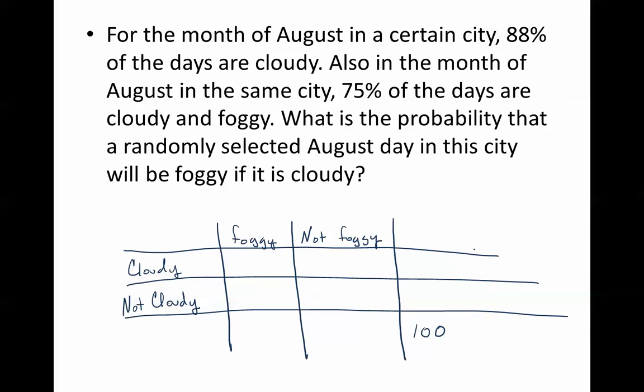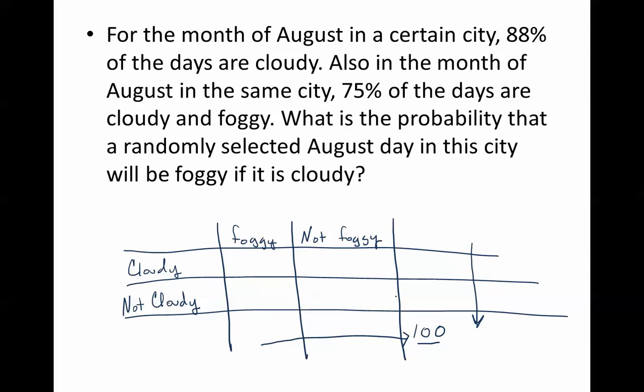So remember that all the individuals adding down this column, the total number of cloudy days, the total number of not cloudy days will need to add up to 100. And if we were to add across this row, it would need to add up to 100 as well, the total foggy days and the total not foggy days. How would we get to 100 days in August? Well, it would be over several years.